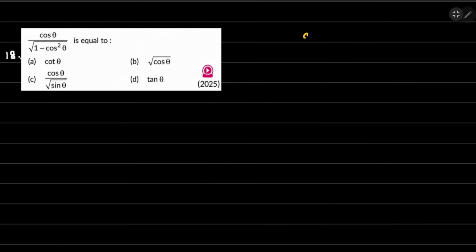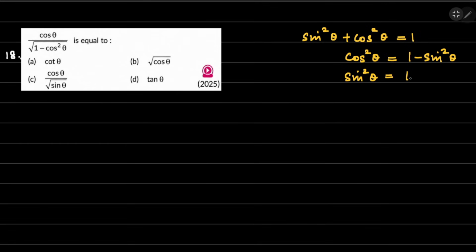Again, let me tell you an important identity. Sine square theta plus cos square theta is equal to 1. If you are asked cos square theta or cos theta in terms of sine square theta or sine theta, you can write 1 minus sine square theta is cos square theta. Or you can also write sine square theta is equal to 1 minus cos square theta. Right?